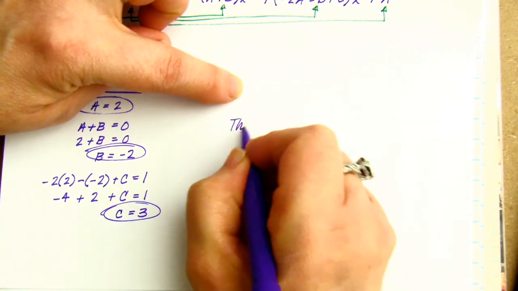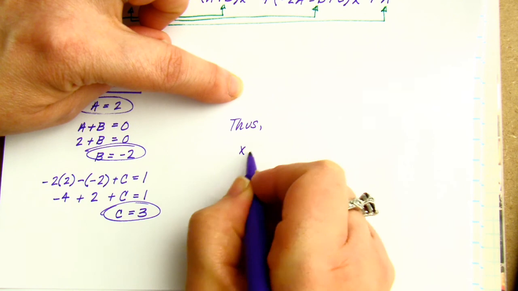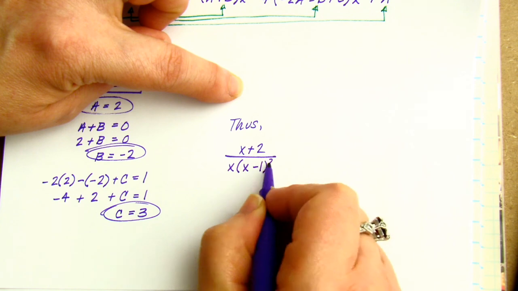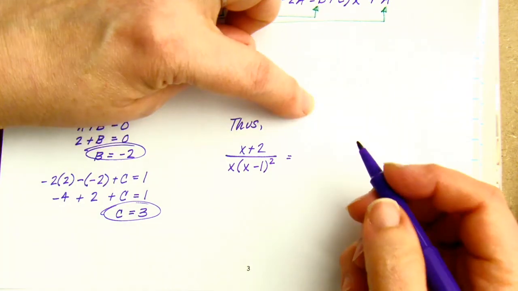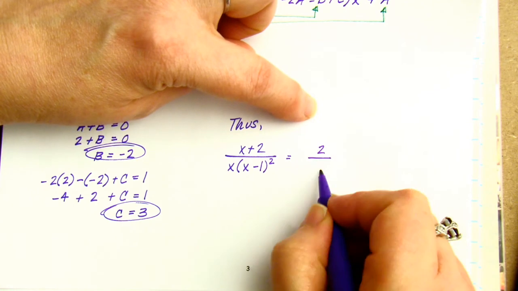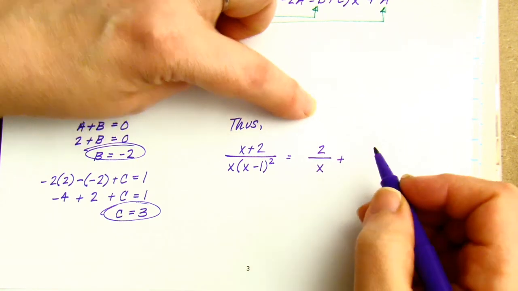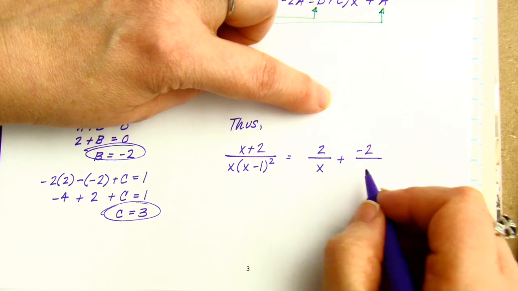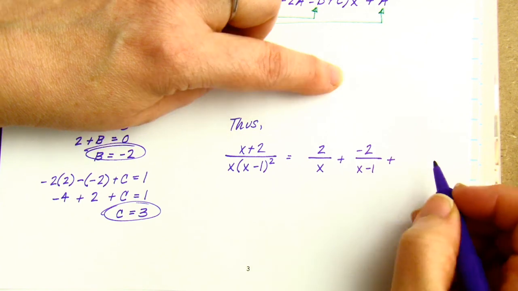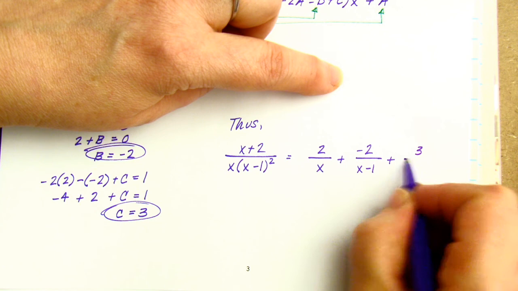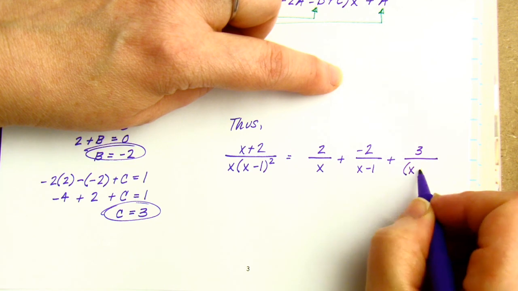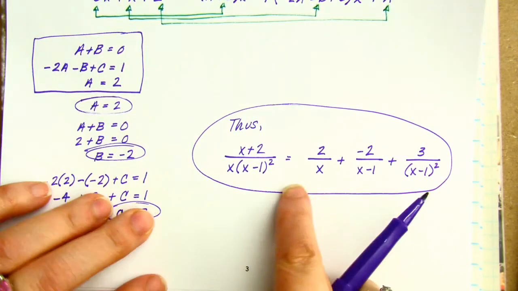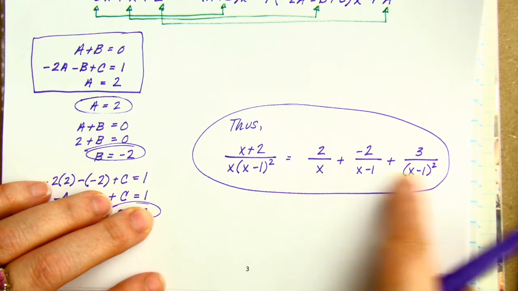And say thus, x plus 2 over x times x minus 1 quantity squared is 2 over x plus negative 2 over x minus 1 plus 3 over x minus 1 quantity squared. So technically this here is my answer.